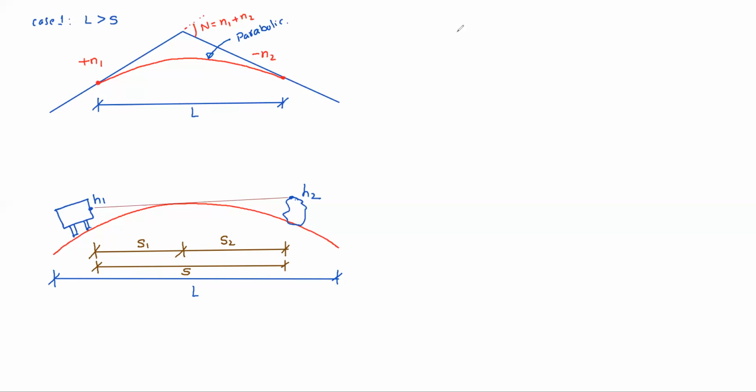Okay, see, parabolic natured curve equation is basically y equal to kx square, right? Y equal to kx square. You know the parabola. So if it is like this, parabola, something like this.